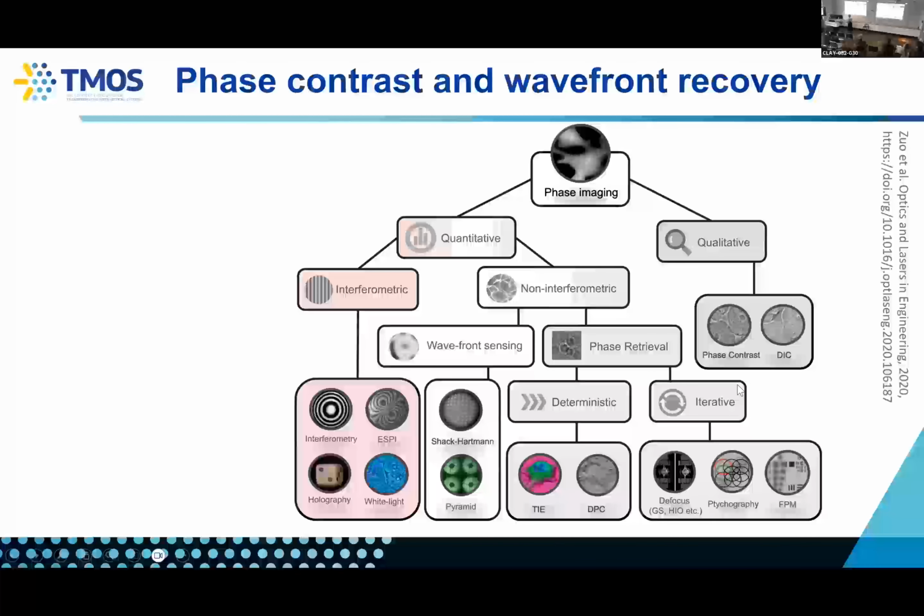And there are also other methods generally referred to as phase retrieval. There are very powerful computation-forward iterative approaches. And there are also deterministic approaches that don't require quite so much computation, but can require more complex configurations. And this includes solving the transport of intensity equation to extract the phase. And this is something that I worked on a number of years ago.